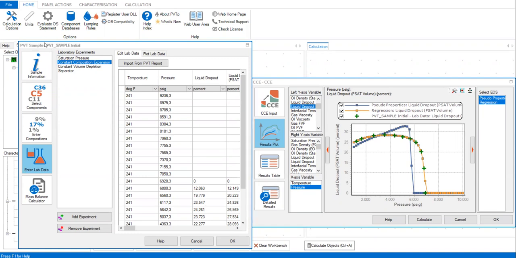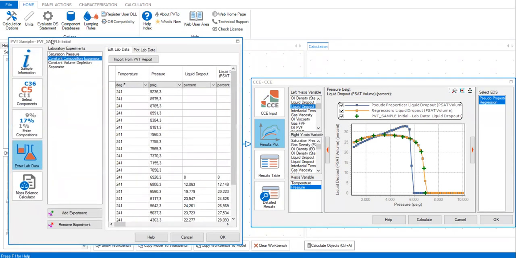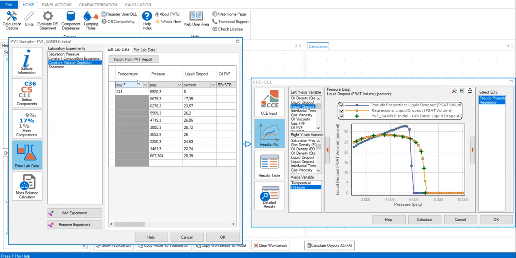I'm still opening this sample window. Now let's go to constant volume depletion. In constant volume depletion, we have liquid dropout and also Z factor. As I said before, we actually didn't include the CVD test for the regression.